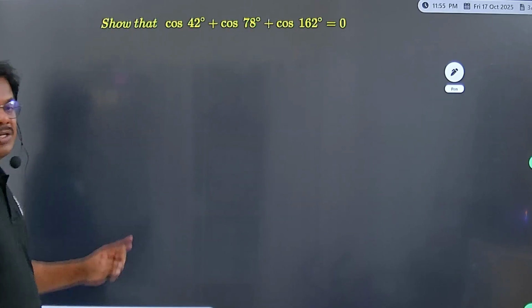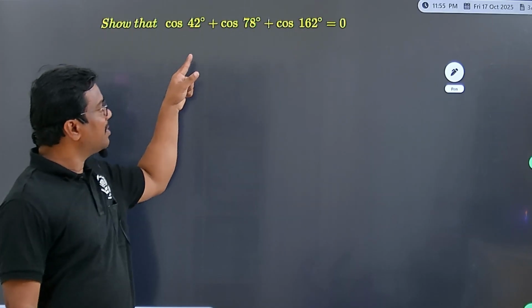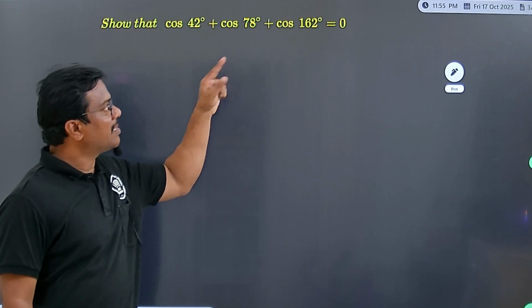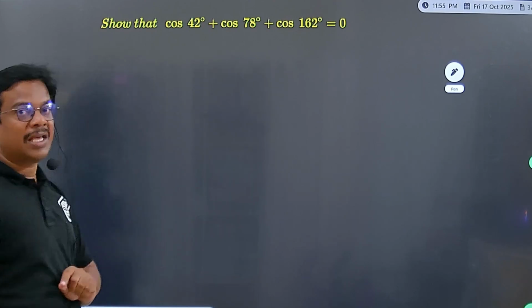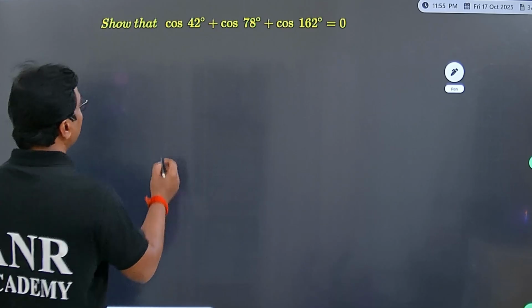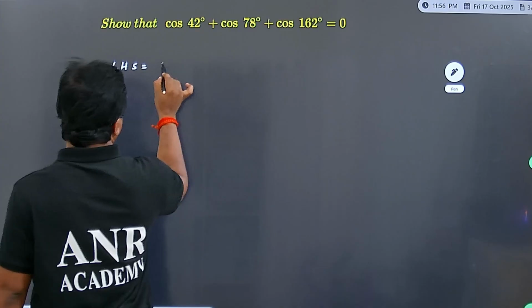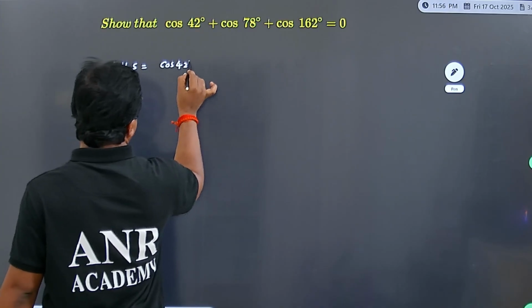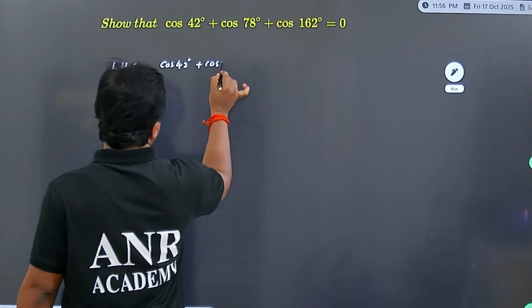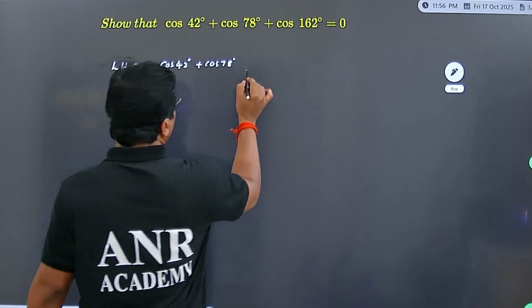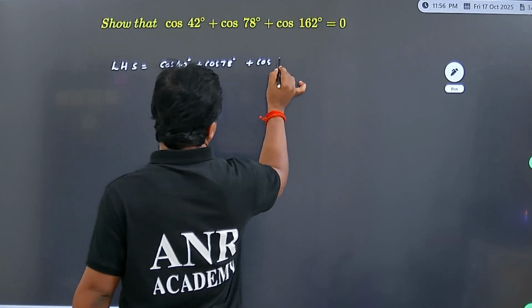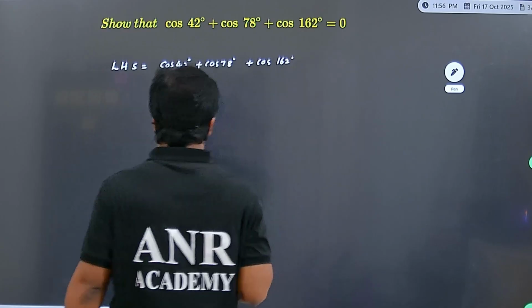Next question. Show that cos 42 degrees plus cos 78 degrees plus cos 162 degrees equal to 0. In the LHS part you have cos 42 degrees plus cos 78 degrees plus cos 162 degrees.